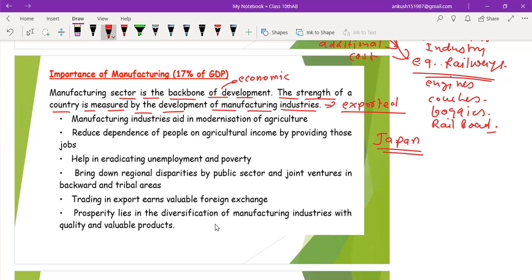Japan is a very little country, but in the largest markets in the world, like China and India, and the countries with the most population, people are using Japan-made electronic appliances most of the time. You might have seen. Sony is a Japanese company, and the products produced by Sony are very popular in Indian markets.